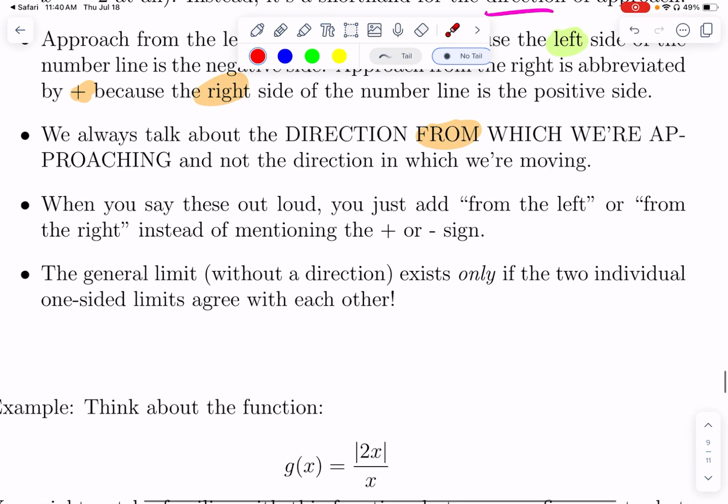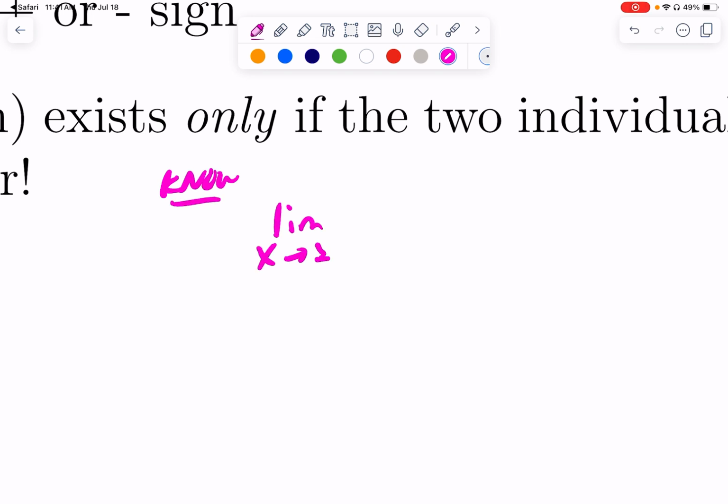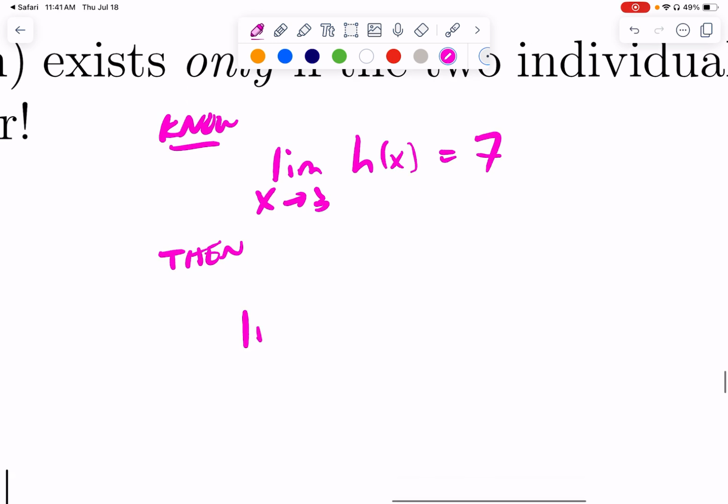And just to be clear, the general limit without a direction exists only if the two individual one-sided limits agree with each other. Right, so just as an example, if I know that the limit as x approaches 3 of h of x is equal to 7, then what do I also know? Well, then I know if I'm approaching it from the positive side, I must get 7.